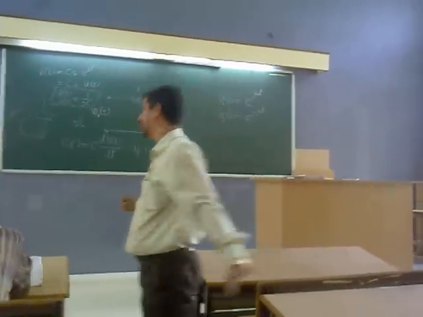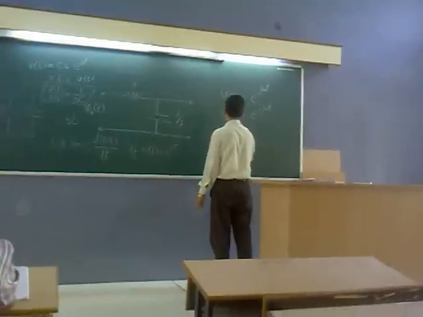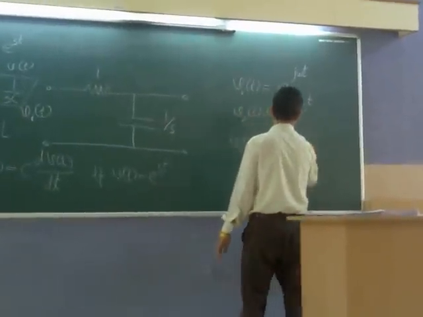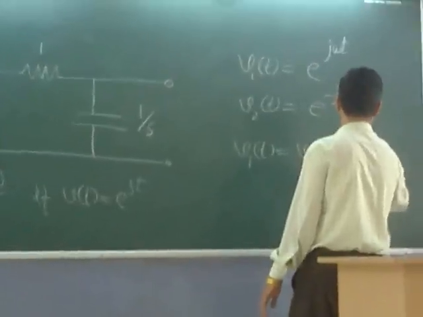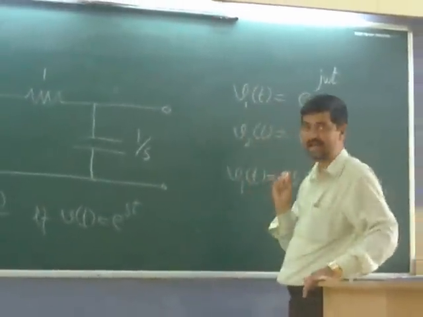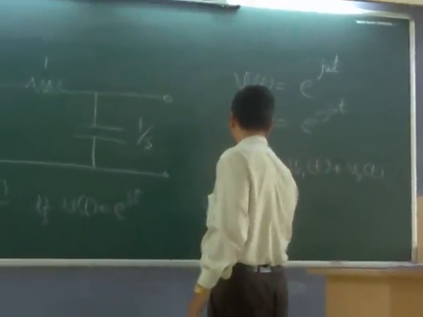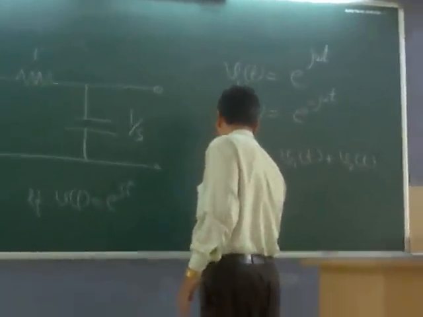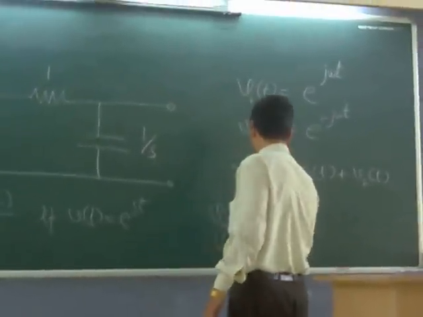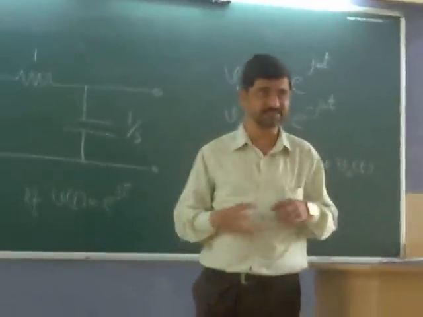So, if I now have V in t as V1t plus V2t, then I can find VO1t and VO2t.